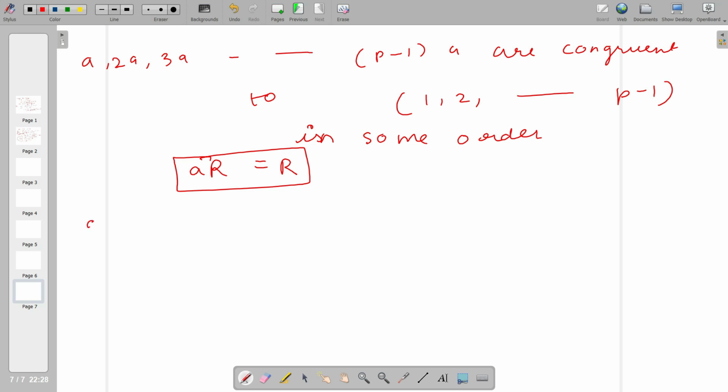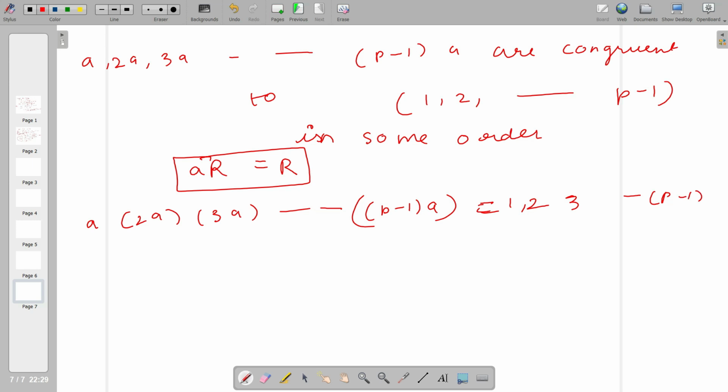So let's write it: a, 2a, 3a up to (p minus 1)a is congruent to 1, 2, 3 up to p minus 1 mod p.